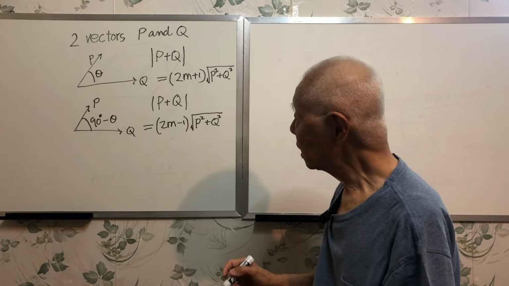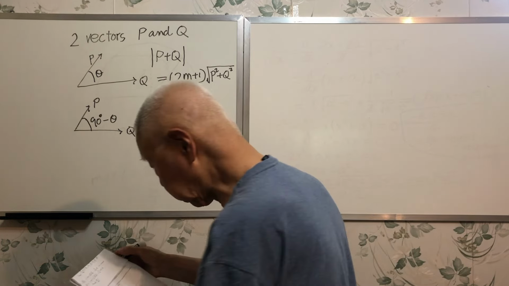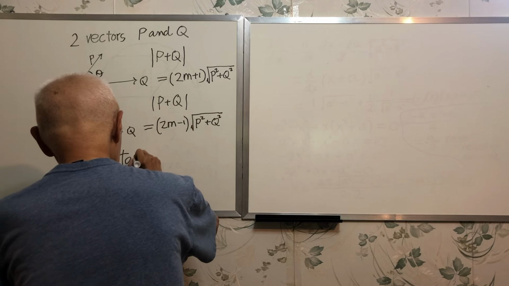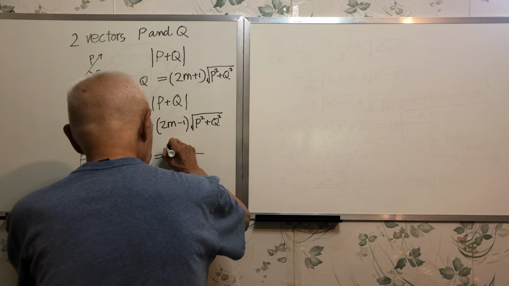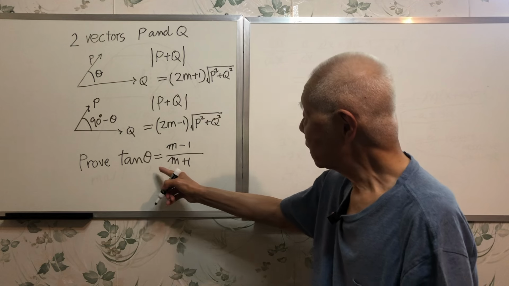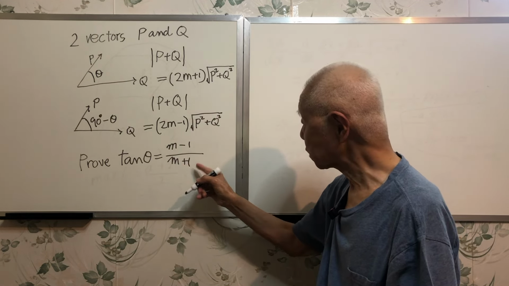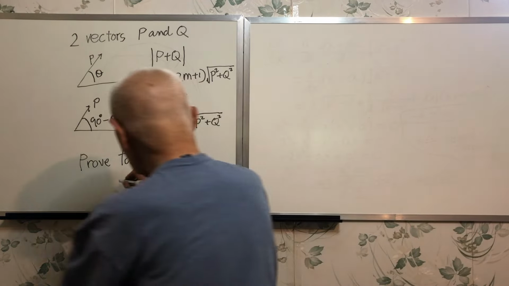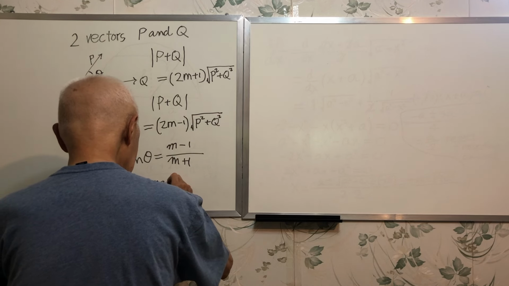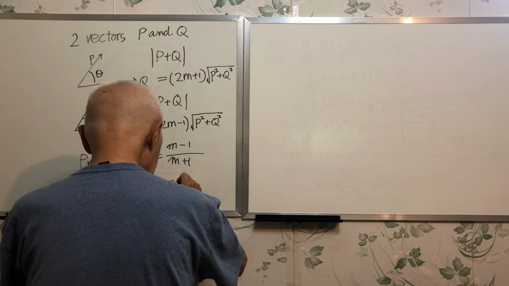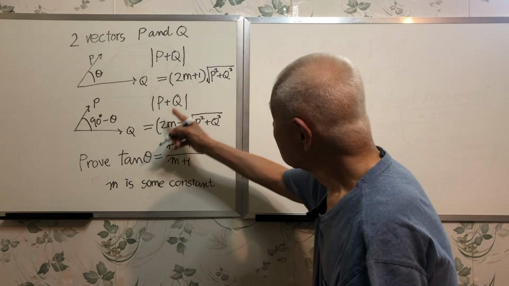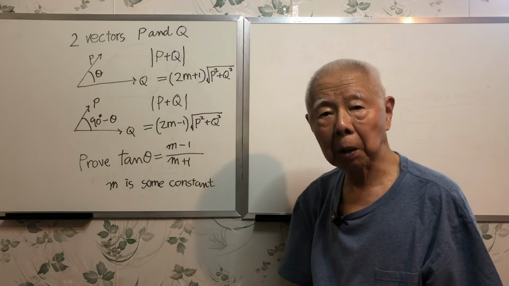We want to prove that tangent theta is m minus 1 over m plus 1. m is some number, it's a constant.